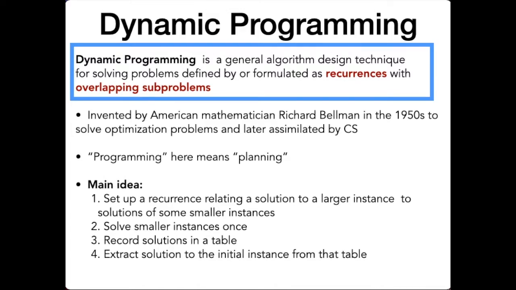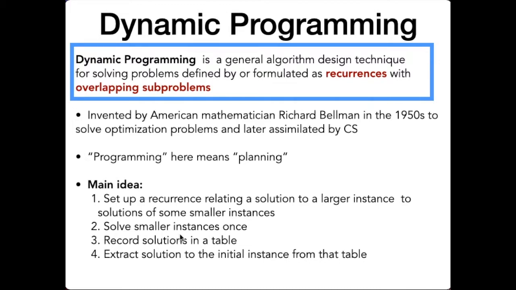So we have this general idea of the dynamic programming approach. Number 1, if the problem has those properties as mentioned a while ago, you can have a recurrence relation that describes the solution to a larger instance with respect to the solution to some smaller instances. And since we are solving a recursive definition of a problem, we can have solutions to smaller instances.